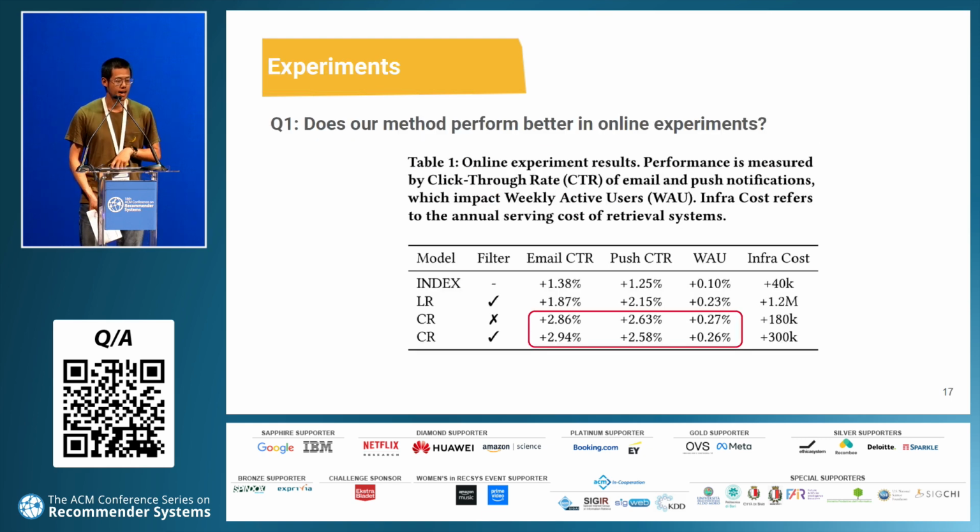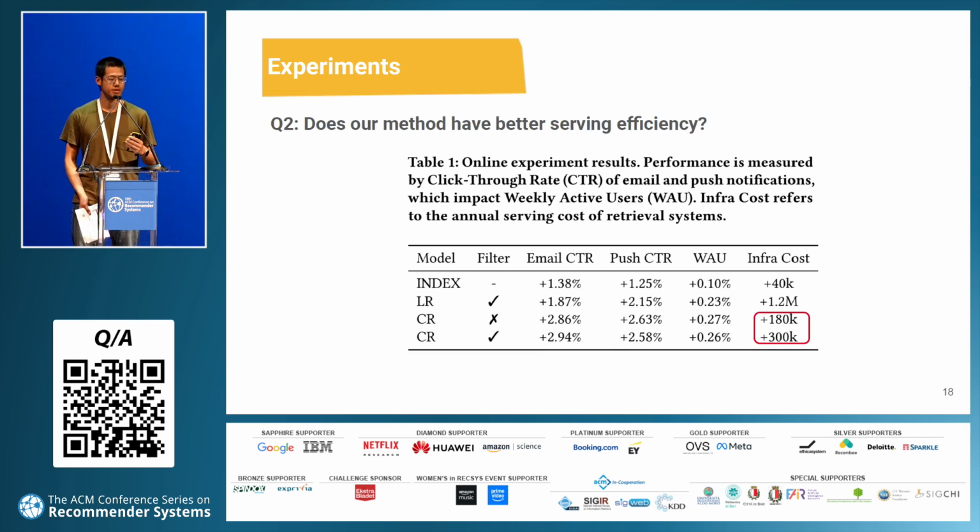So here are our experiment results. As you can see, the CR methods can outperform all the baselines that we mentioned, and applying the filter or not has a neutral impact on the metrics we care about, such as click-through rate or weekly active users. What's more interesting is that the CR methods have only a quarter or less of the serving cost of learned retrieval with the filter.